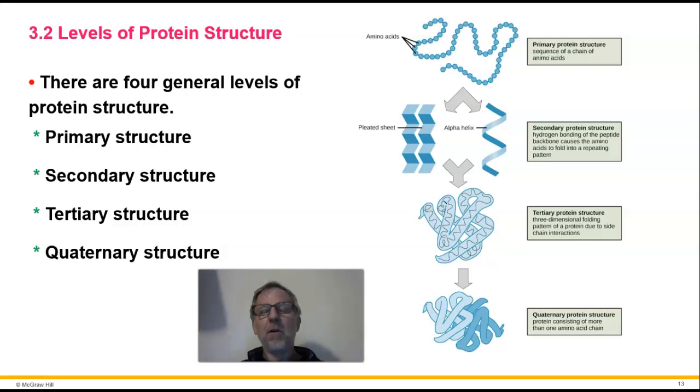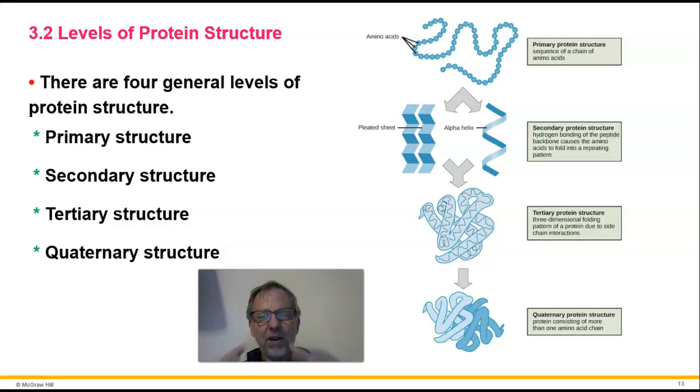So that's the secondary level: the parts that are coiled into a helix and parts that are folded into what are called pleated sheets. The third level, the tertiary level, focuses on the 3-dimensional shape of a polypeptide when it twists and folds. And then finally, many proteins have a quaternary level.